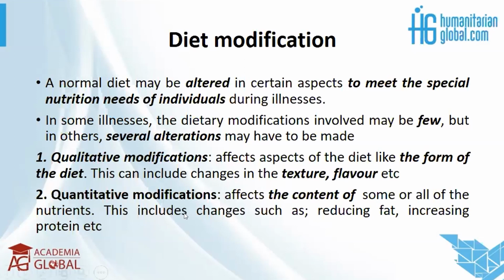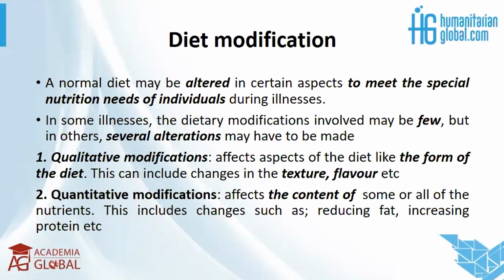And then the other aspect in which we can modify diet is quantitative. Here we are talking about modifying the content, that is the amounts of some or all of the nutrients that are in a diet. Examples: we are going to see that some diets may need to be reduced in fat content, others we may increase protein content, others we may add more fiber.